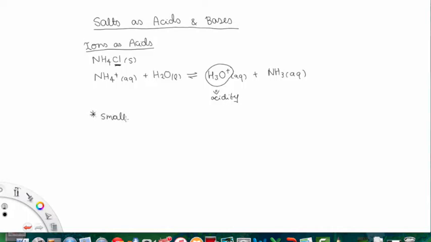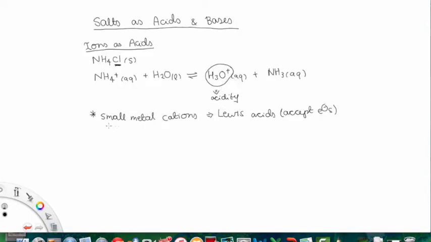Small, highly charged metal cations act as Lewis acids, meaning they accept electrons.